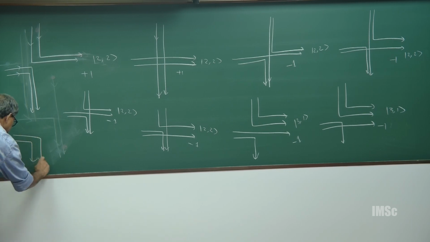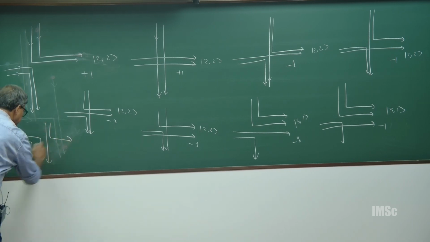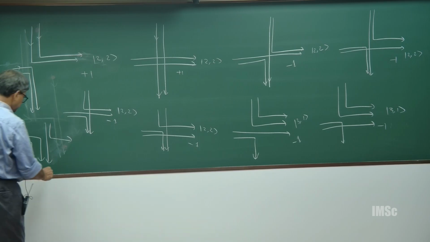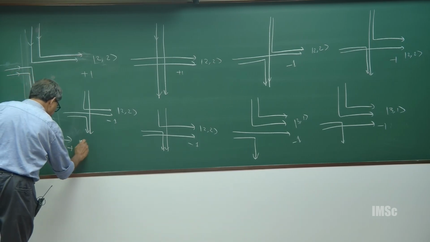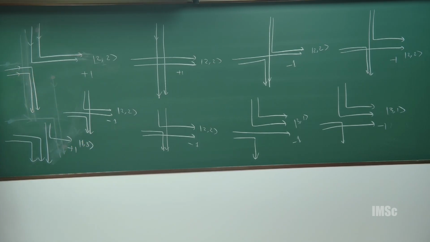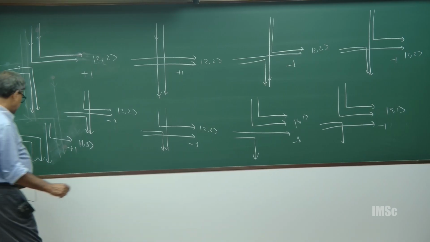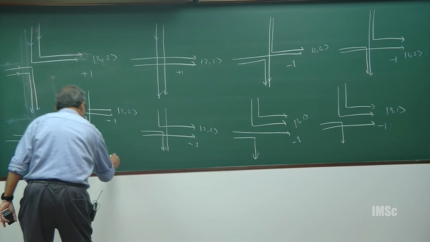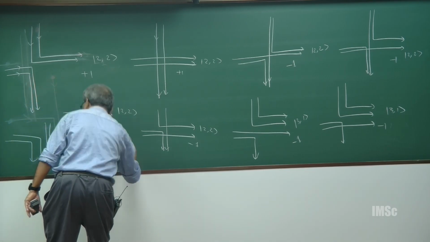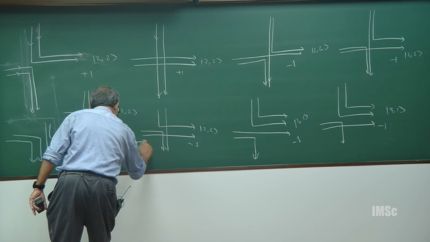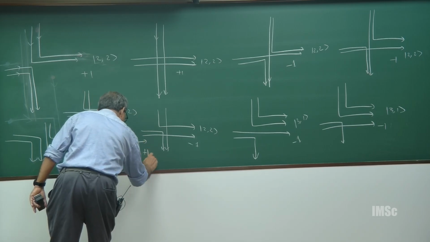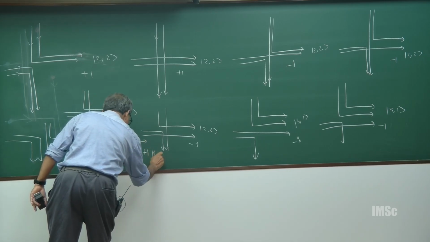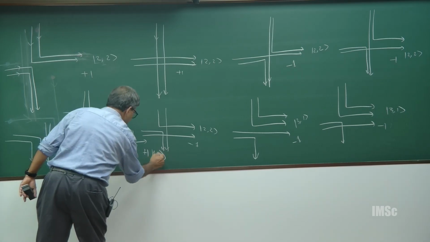Other possibilities will have both lines going right, so they will come with plus sign. The possibilities are both lines going to the right. 1 3 will also have 0.